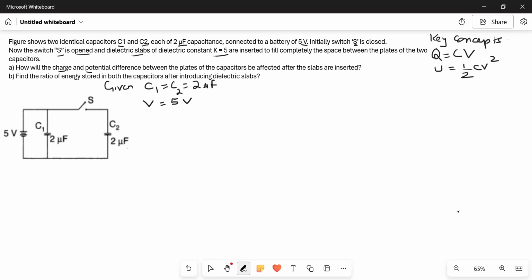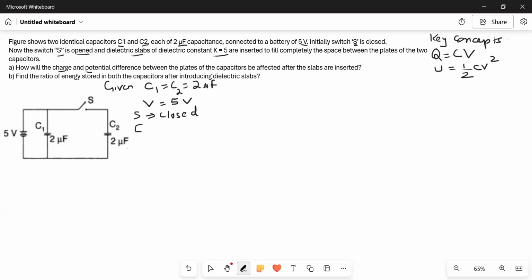So first the switch S is closed. When S is closed, both the capacitors are connected to the battery, so they will get charged.